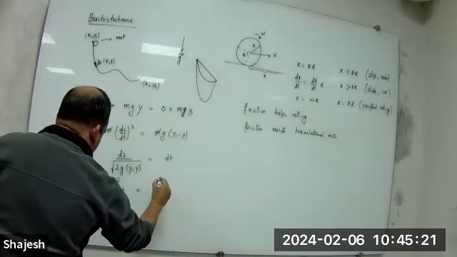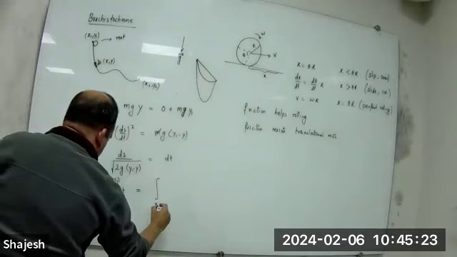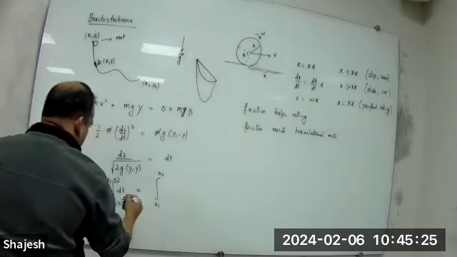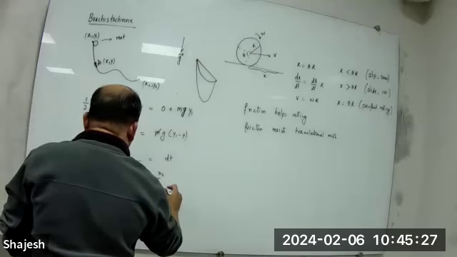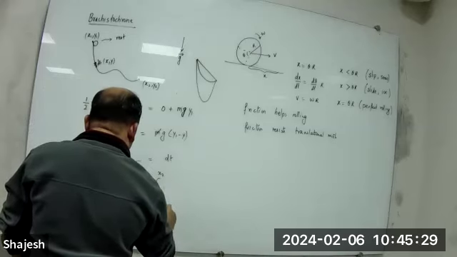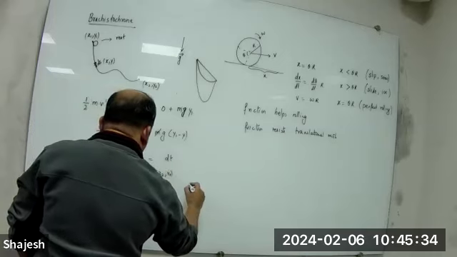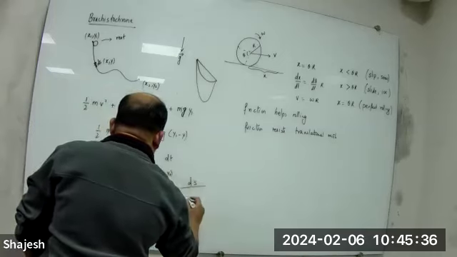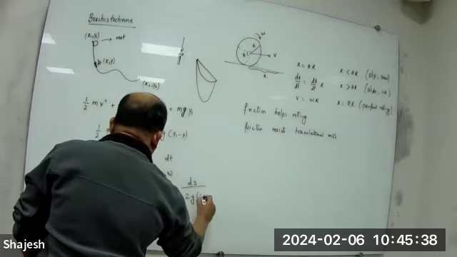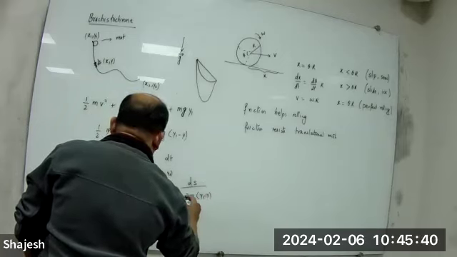So it will be the integral from x1 y1 to x2 y2 of ds over the square root of 2g(y1 minus y), and we are minimizing that.